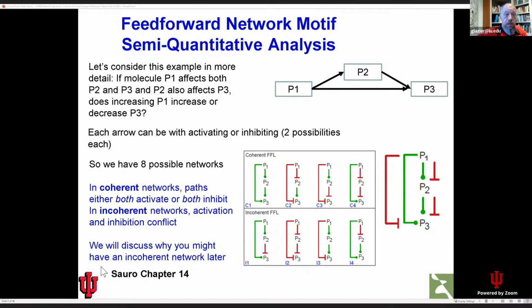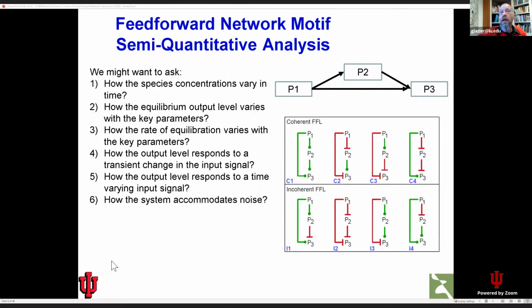And there is this interesting question, which is why would you either have 2 pathways that do the same thing, which is called a coherent network, or 2 pathways that do opposite things, opposing things, which is called an incoherent network. And we could ask a lot of questions about these.